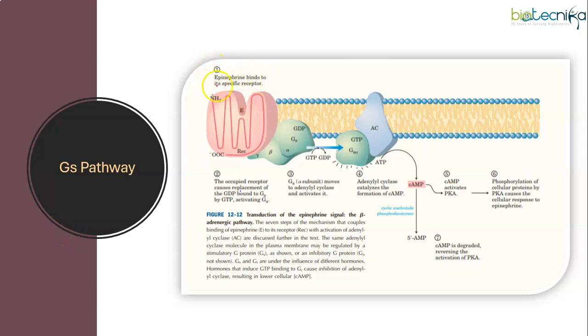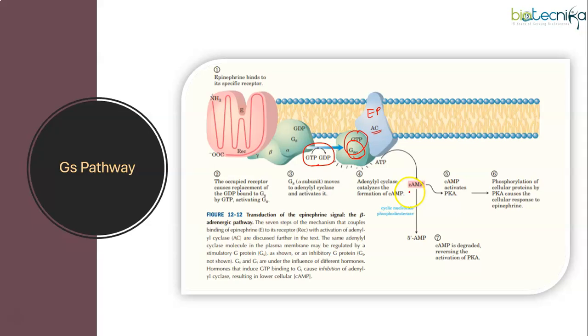Epinephrine, when bound to the corresponding receptor, causes an exchange of GDP to GTP, so beta and gamma will be separated. The GS alpha combines with the GTP, activating the effector protein adenylyl cyclase.